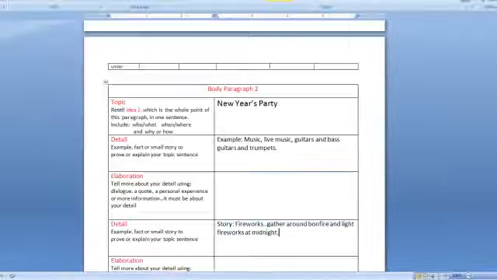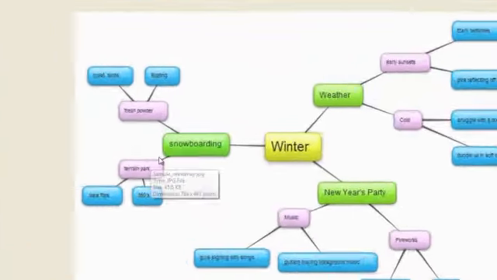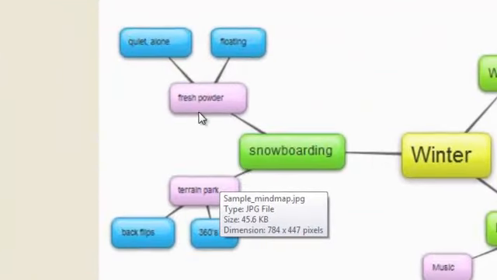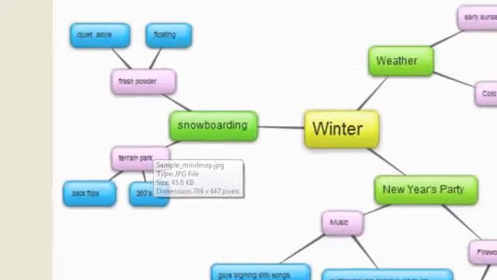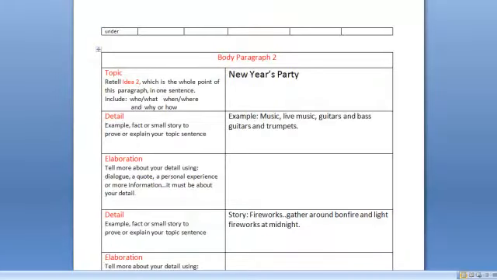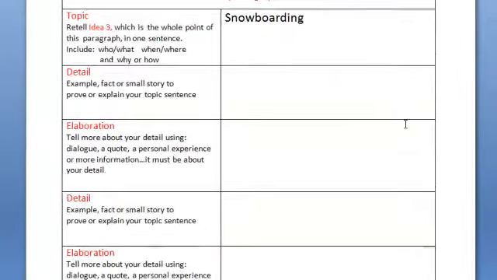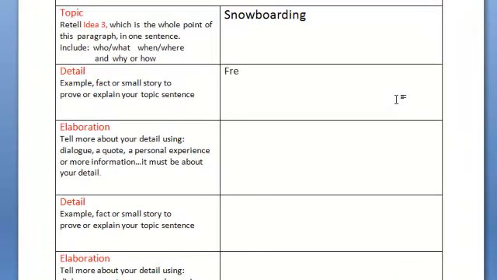Now let's go back to our mind map once again and look at snowboarding. We have fresh powder and we have a terrain park. So we're going to go down and enter fresh powder and terrain park. An example, a fact, or a small story.